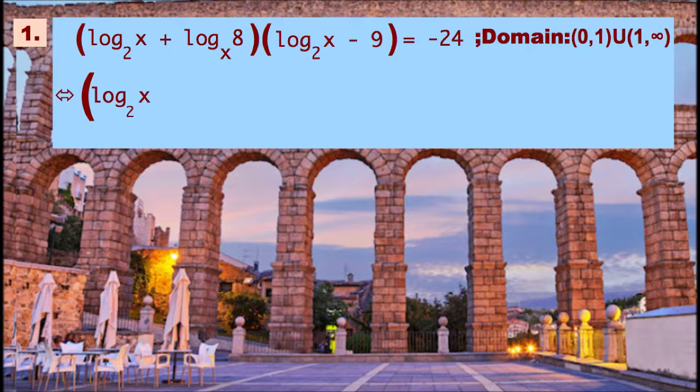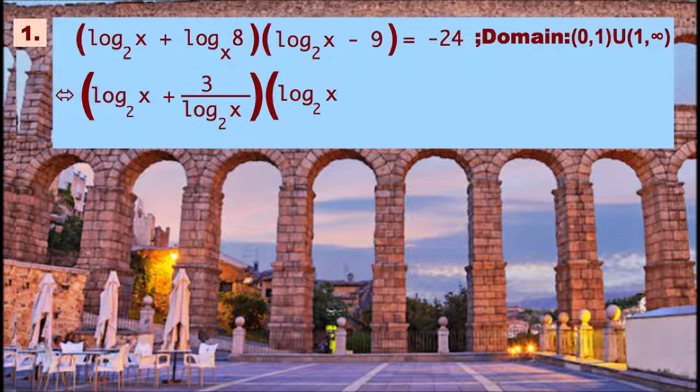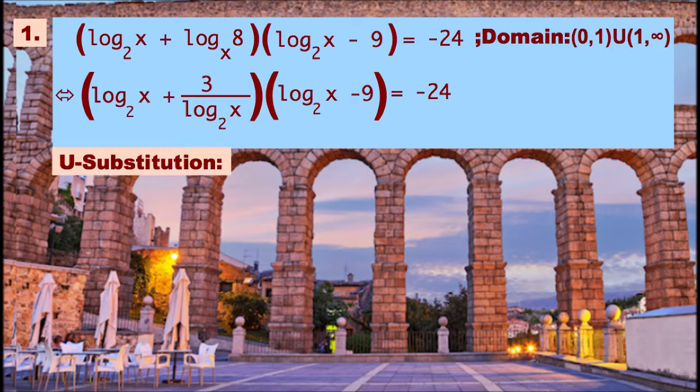So this equation is equivalent to the quantity log base 2 of x plus 3 over log base 2 of x times the quantity log base 2 of x minus 9, which equals negative 24. Let's perform a U substitution here to help us solve the problem.